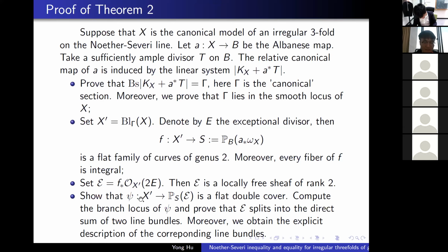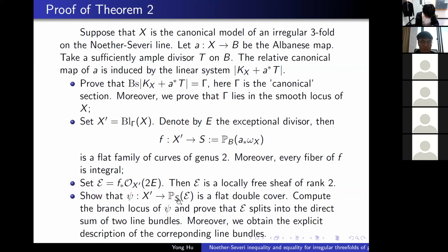Then we show that psi from X' to P(E). Now E is a locally free sheaf of rank 2, so P(E) is the P1 bundle over S. We show that psi is a flat double cover, which means that psi is in fact finite and of degree 2, and it is flat.